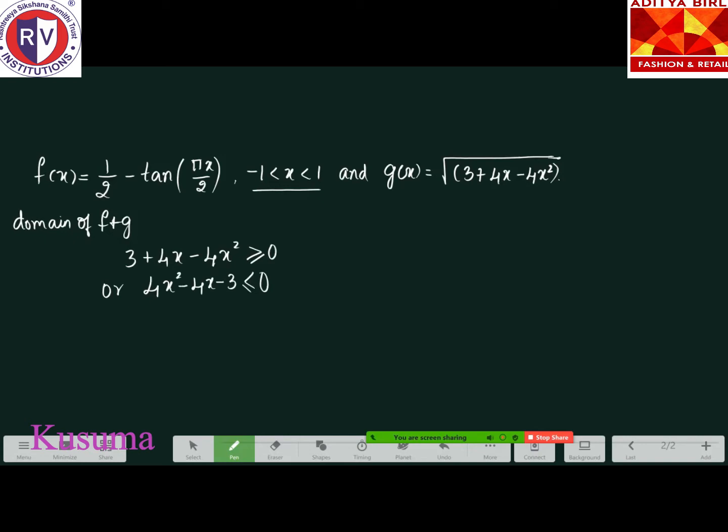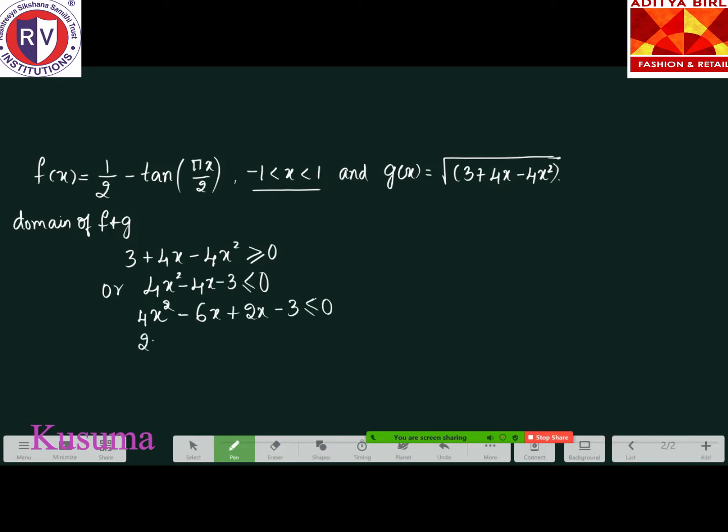We are multiplying the entire thing by minus sign. Now let us factorize this equation. So this can be 4x square minus 6x plus 2x minus 3, which is less than or equal to 0.